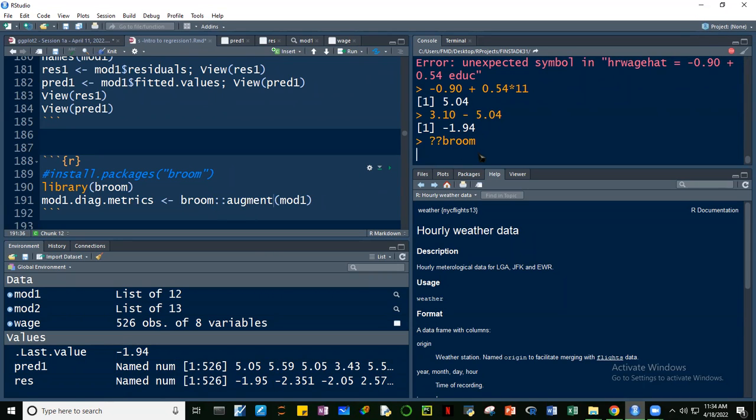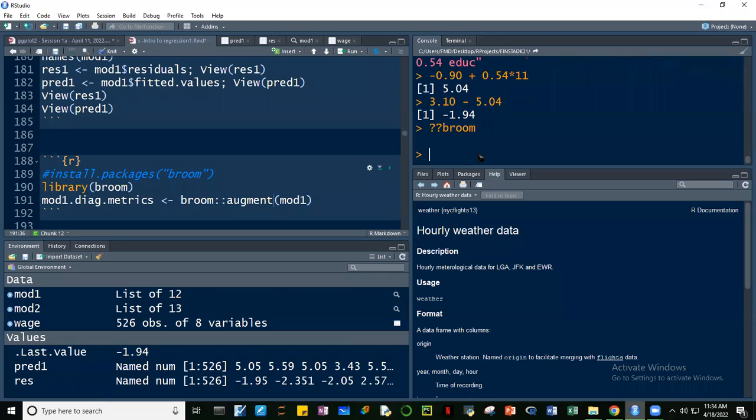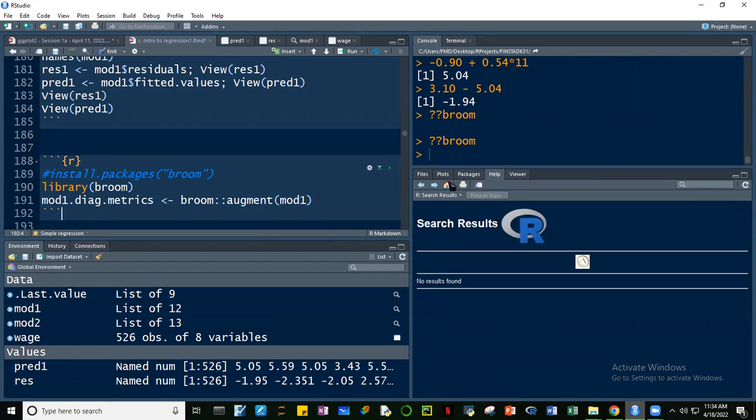It's taking long. Anyway, sige, habang naglo-load pa siya guys, let's run this.